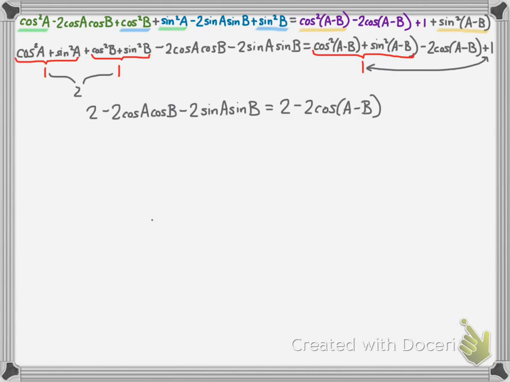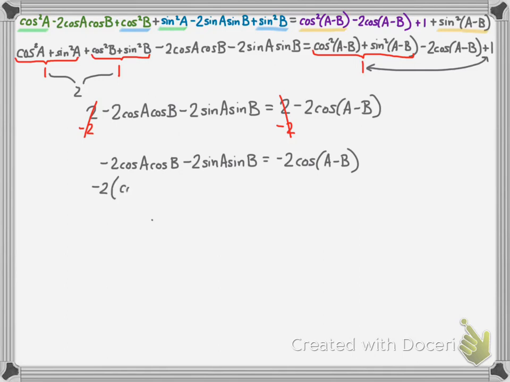Okay, I see I've got a 2 on both sides, so I'm going to subtract 2 from both sides. So 2 minus 2, those guys are going to cancel, and we are left with negative 2 cosine of A cosine of B minus 2 sine of A sine of B equals negative 2 cosine of A minus B. Looking at the left side, I see I have a common term of negative 2, so I'm going to factor that out.